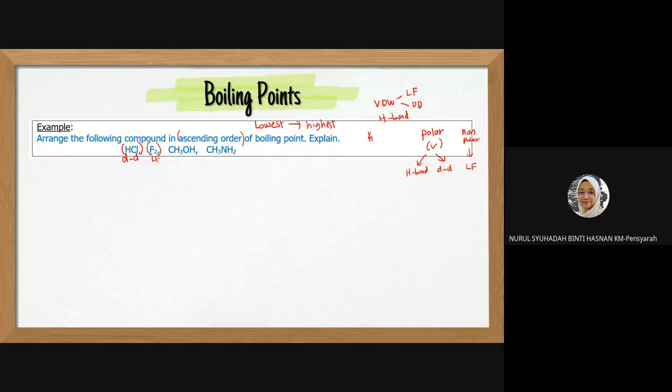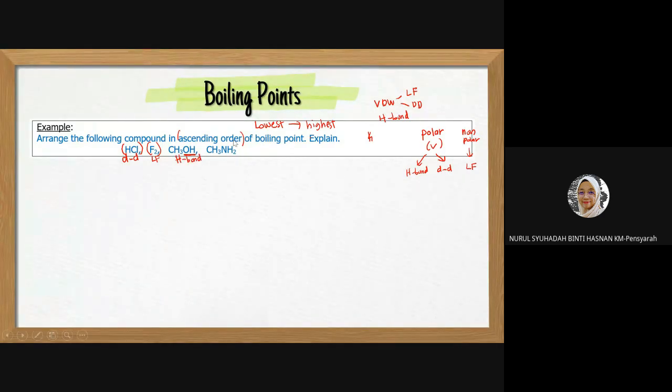So it's a polar molecule. Bila dia polar molecule, ask yourself, does it have hydrogen bond or not? CH3OH ada hydrogen bond ke tak? Ada. Hydrogen bond dia adalah antara oxygen and hydrogen. So dekat sini kita ada hydrogen bond, so labelkan.